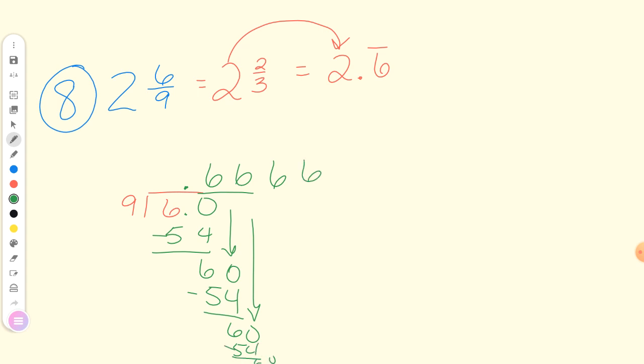And we should notice the repeating pattern there. Now, to change the decimal to a percent, we need a few more places. So we move it 2 times. So I would get 266.6 repeating percent.